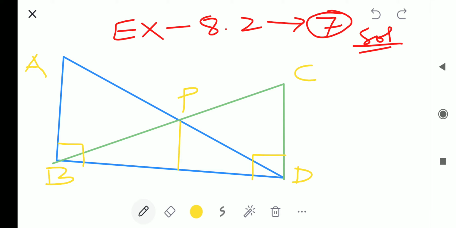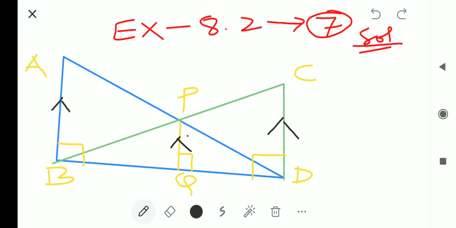From P, another perpendicular is drawn, that is PQ perpendicular to BD, where AB, PQ, CD, all the three perpendiculars are drawn to BD. According to Euclid's axiom, lines perpendicular to the same line are parallel, which means AB, PQ, CD must all be parallel to each other.